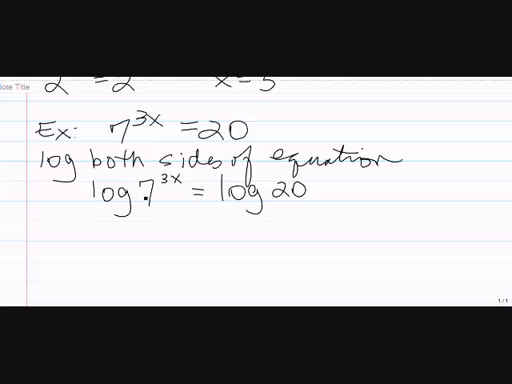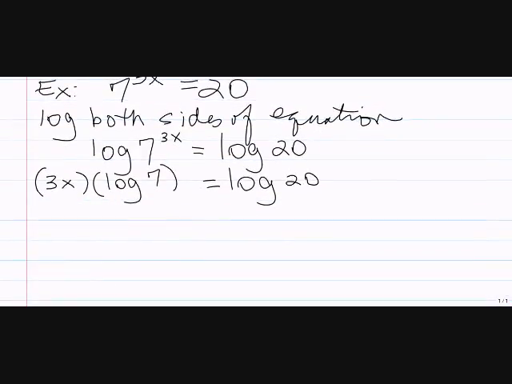So the log base 10 of 7 to the 3x is 3x times log base 10 of 7. The reason I use log base 10 is because I can just punch log base 10 of 7 and log base 10 of 20 into my calculator. I'm going to write this one out fully before I punch it in.